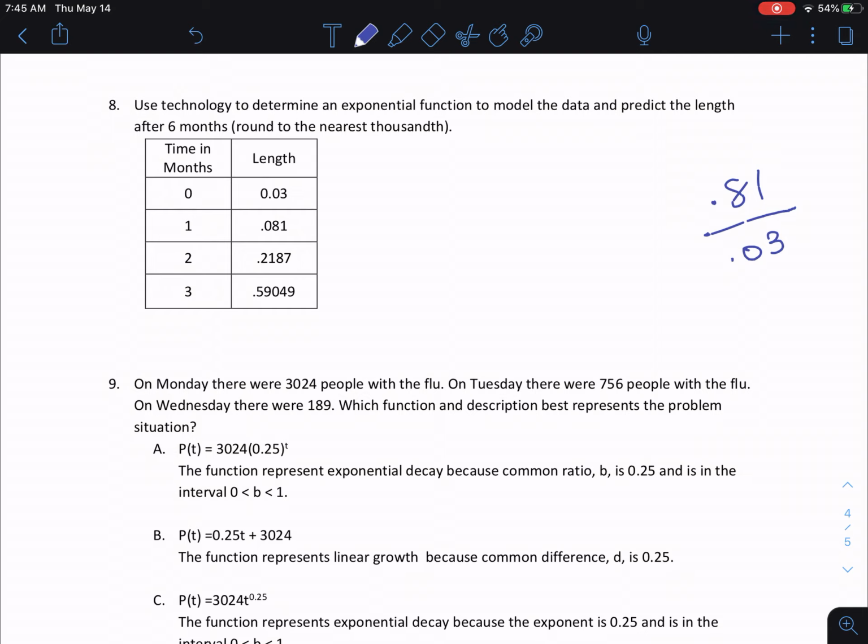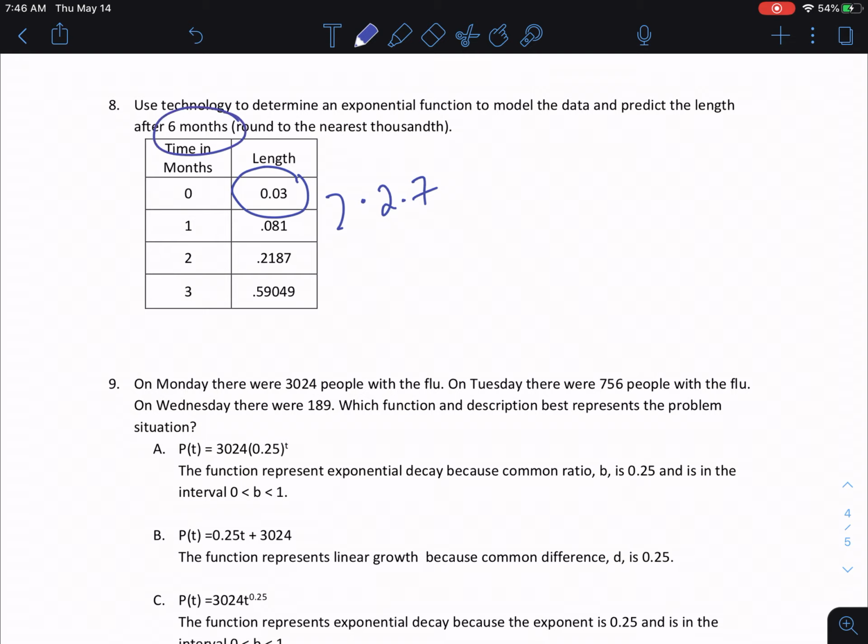Hold on, I'm trying to figure this one out. Oh, 0.081 divided by 0.03 is 2.7. Oh, sorry. So we're multiplying by 2.7. Okay. And the initial value is 0.03.